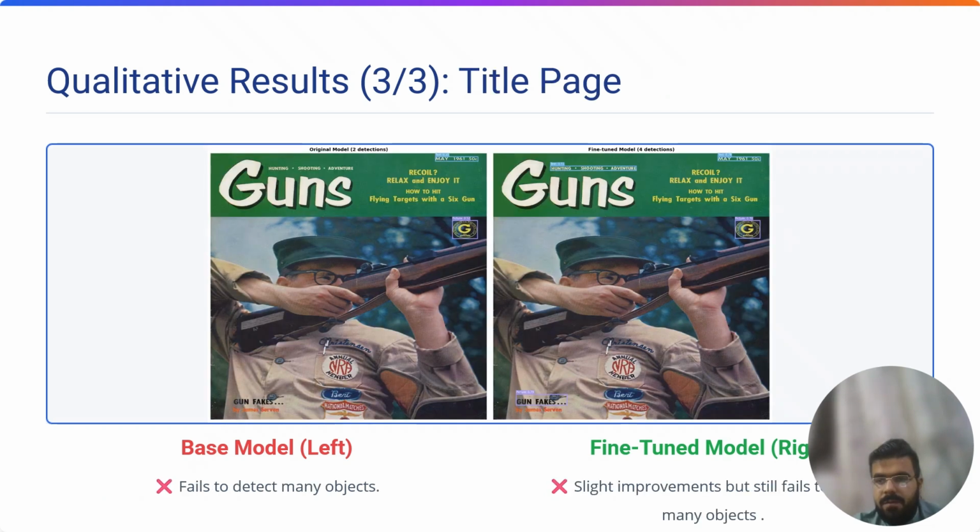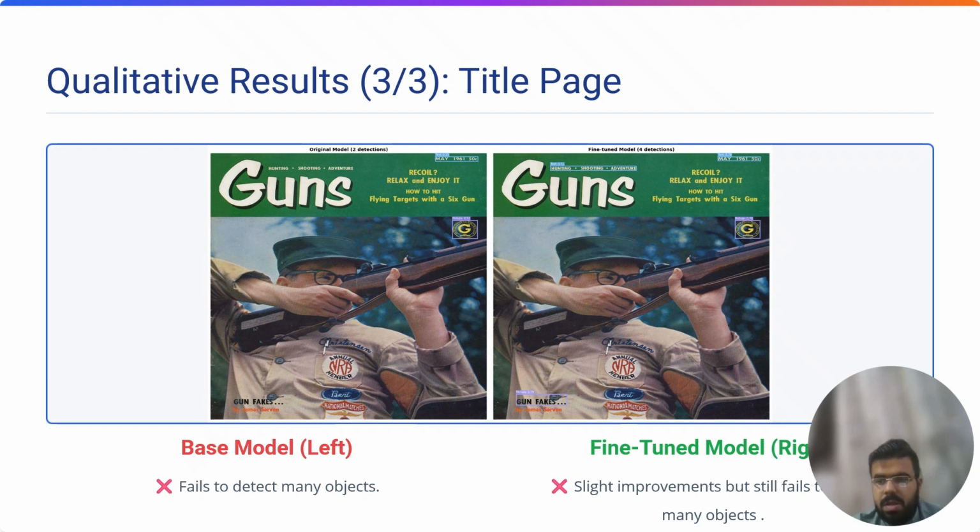So here is the area for future work. These are the highly artistic title pages. The base model missed almost everything. It only detected two objects: this header text and this picture. Our model also struggled, but added two new elements.